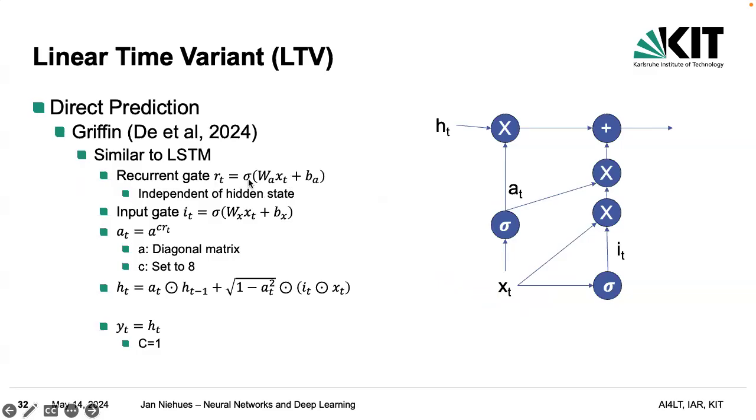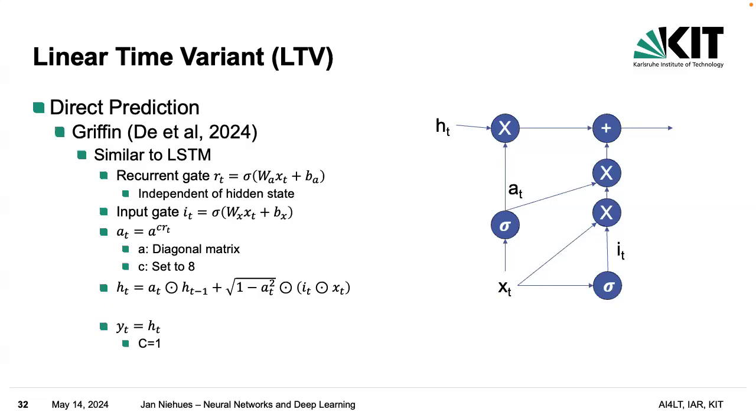We're not using r_t directly, but we calculate an a_t in this model by taking some diagonal matrix A to the power of c times r_t. These are just some hyperparameters they choose, but this is mainly deciding where we want to read from. And you see that a_t is then multiplied with the previous hidden state. You see that in the left column here.